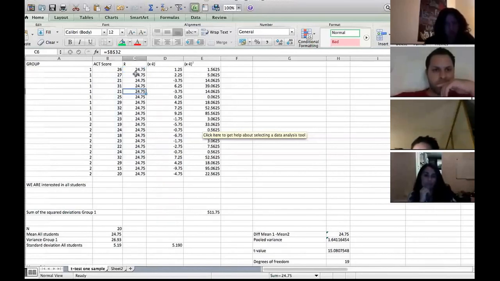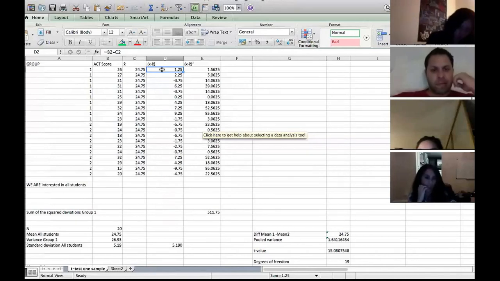And as you know, we do this by calculating the difference between the individual score and the average class score. So in this case here, this person has a score of 26. The class average is 24.75. And so if we do x minus the class mean, we get 1.25, which means this person is 1.25 points above average.